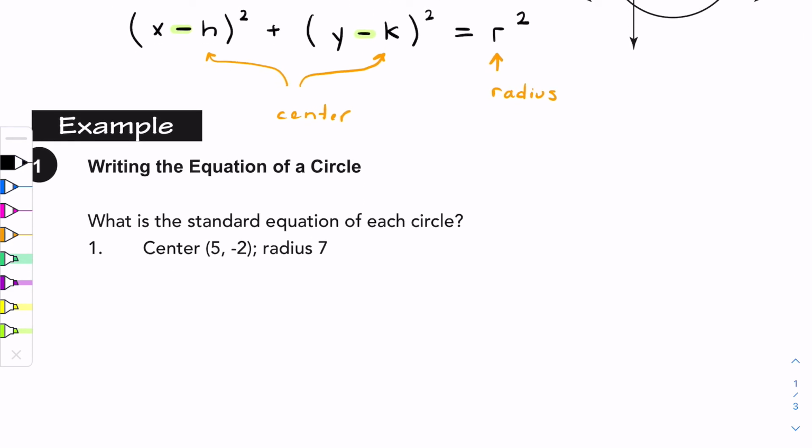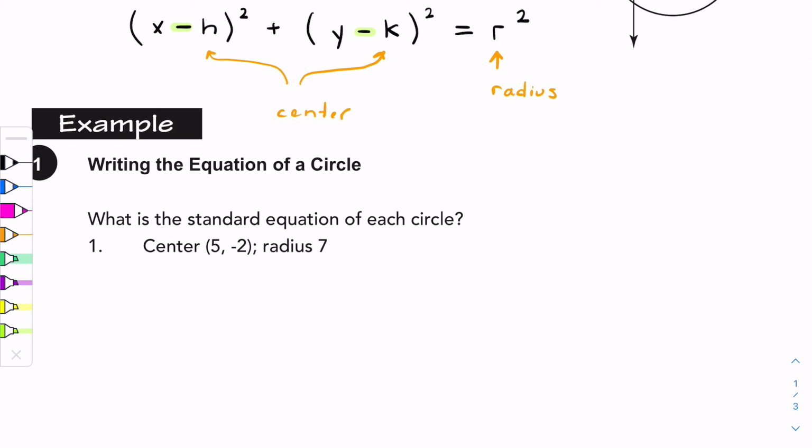The first example set says, what is the standard equation of each circle? And it gives you the center and the radius. For number 1, the center is at 5 comma negative 2. So your 5 is your h value and negative 2 is your k value. And then it tells you that the radius is 7. So if we substitute these values into this equation, make sure you pay close attention to the signs.